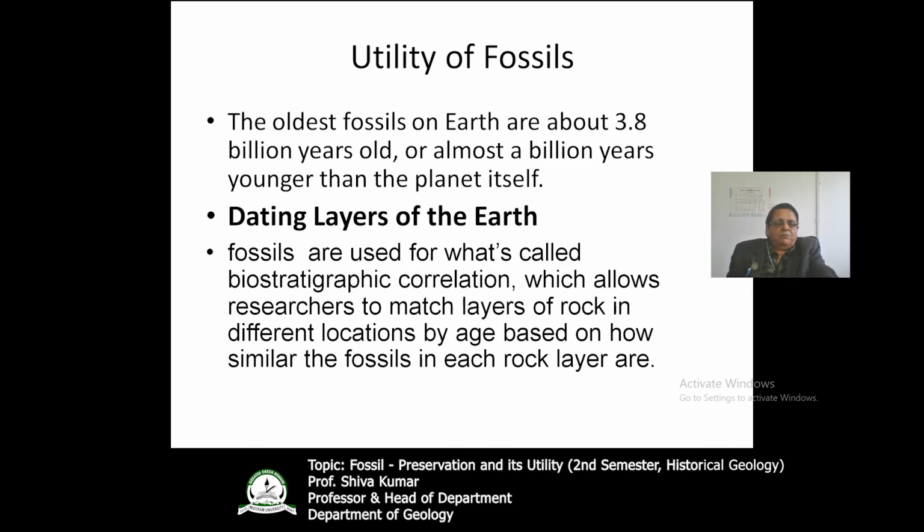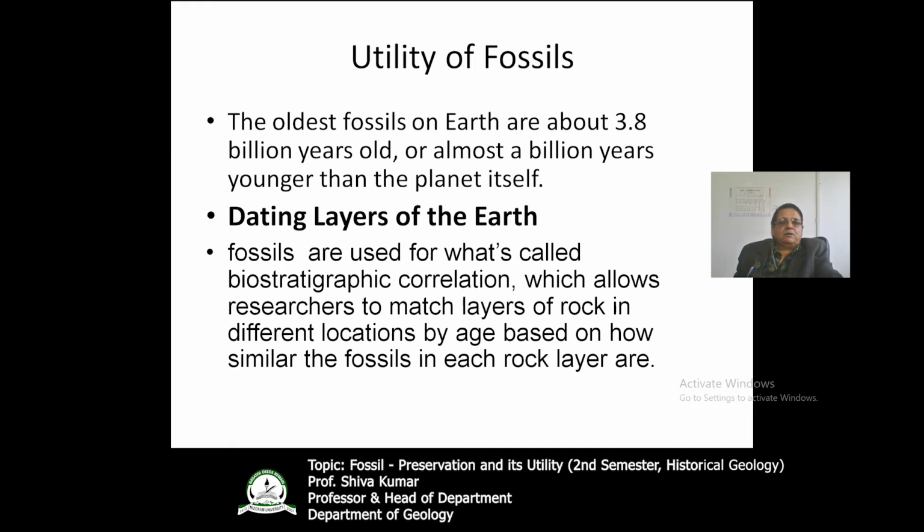Means life is recorded only after some time from the origin of the earth. Life is not recorded as soon as the earth is present. So after some gap, life exists on this, and we have records almost a billion years younger than the planet itself.